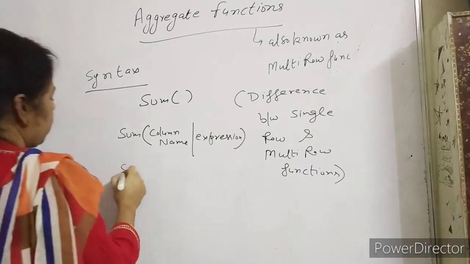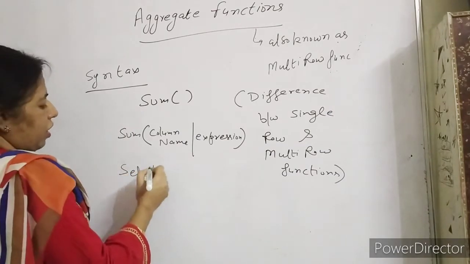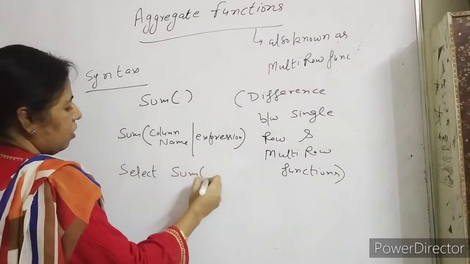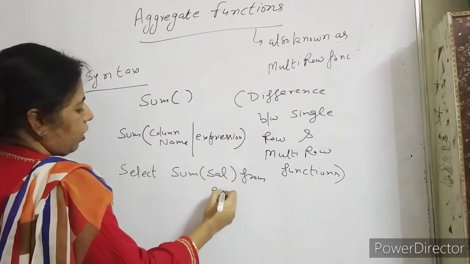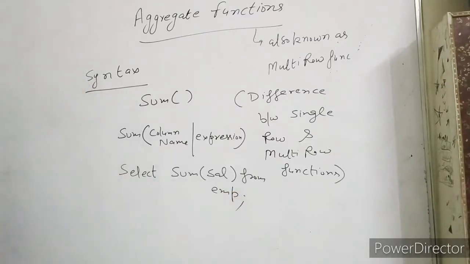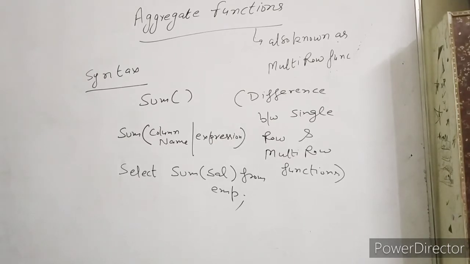If I want to display the sum of salary, I will write select sum(sal) from the table EMP. Sum(sal) means total salary for all the values in the salary column.